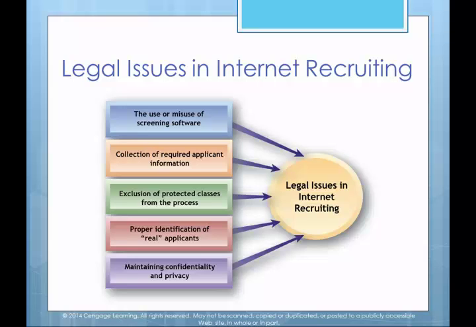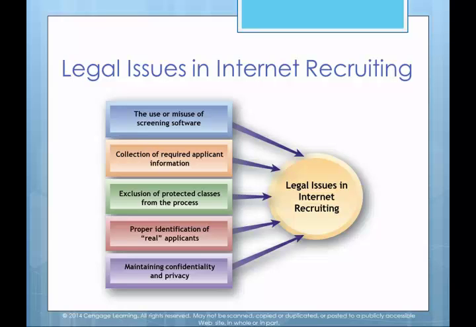Collection of required applicant information. How can data about an individual's protected characteristics be collected and analyzed for reports? Exclusion of protected classes from the process. Are too many individuals being excluded from the later phases of the internet recruiting process based on unlawful information?